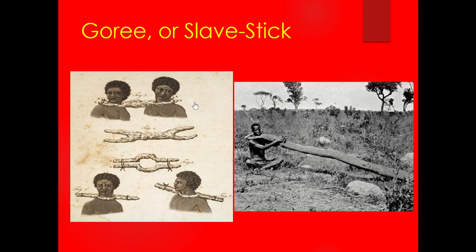So here are some pictures of what different gorges or slave sticks might look like. Here's a really big one right here. They were trying to make it so this gentleman could not escape. And here's a drawing of some examples of what they could look like. They may even have two people together. These are just pictures, drawings, illustrations. We learned what illustrations were.